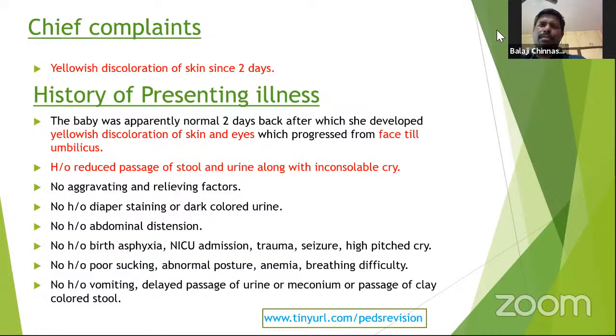Or difficulty in feeding or poor feeding. Usually the presenting complaint might be the baby is feeding less. So that might be the presenting complaint, or yellowish discoloration, jaundice, difficulty in feeding.